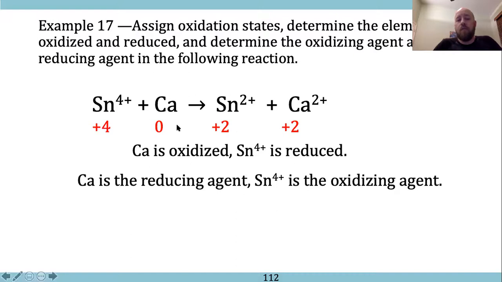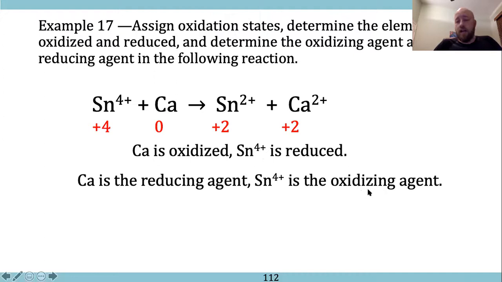So these are the three things you should be able to identify in a problem. What is the oxidation state of any given molecule? What's happening to that molecule? Is it undergoing oxidation or reduction? What is the reducing agent?